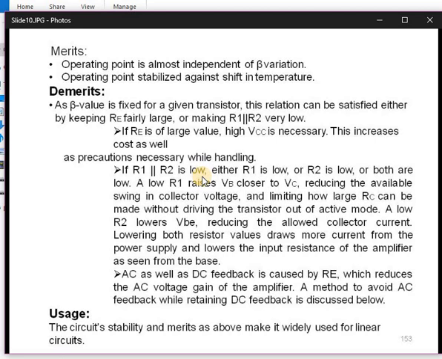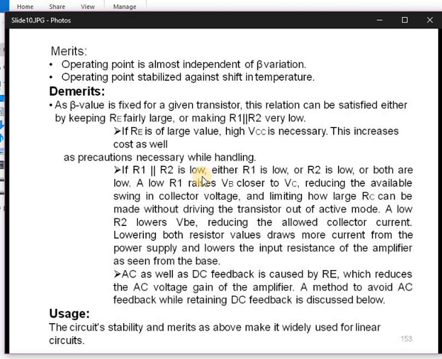So reducing the R1 value reduces the collector voltage, and reducing the R2 value reduces the collector current.